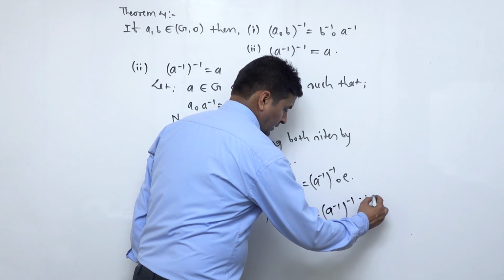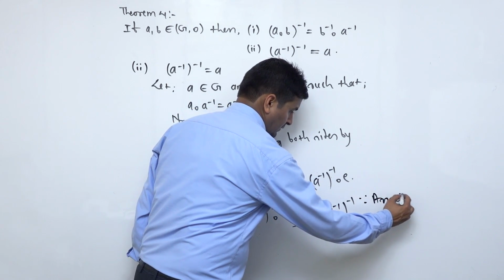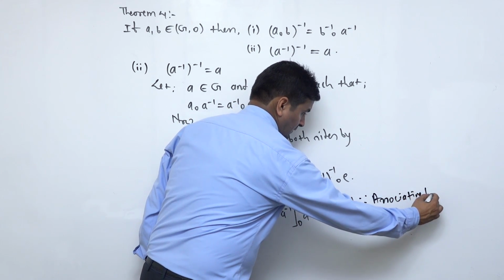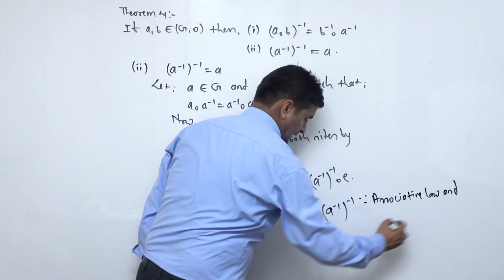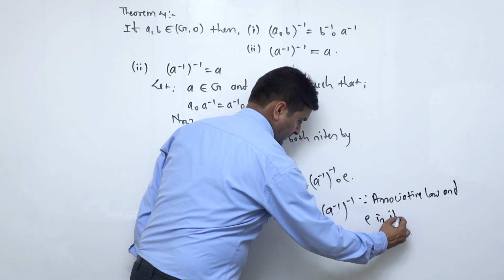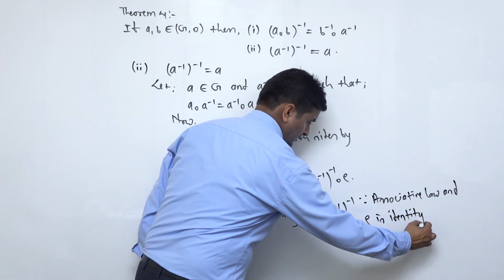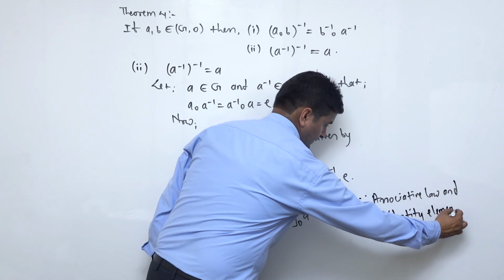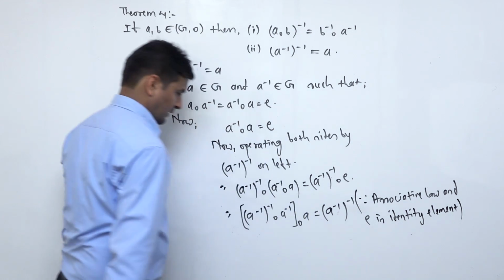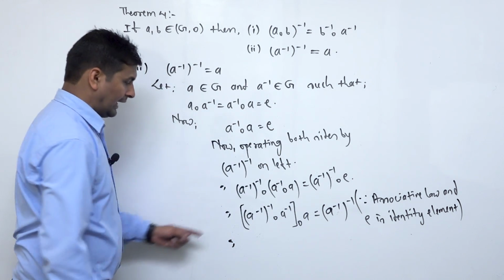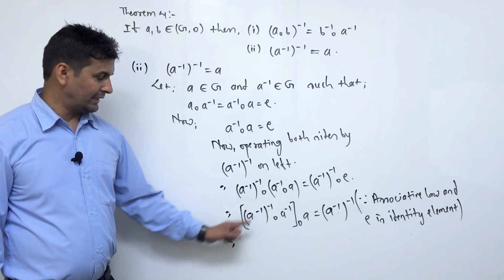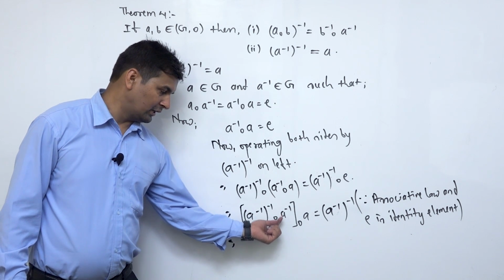Since associative law and e is identity element, a inverse whole inverse not a inverse is e, because it is the inverse of the element a inverse.